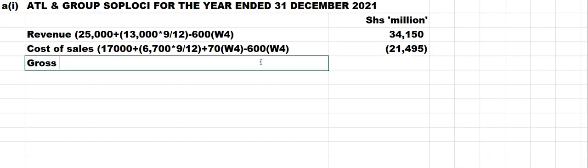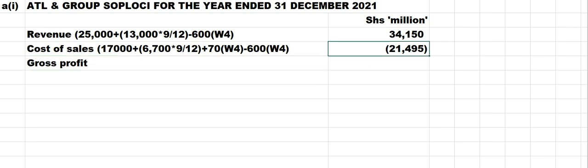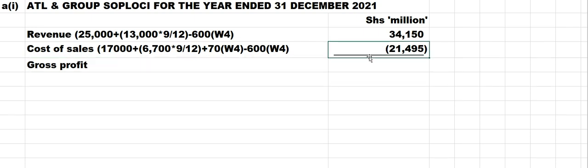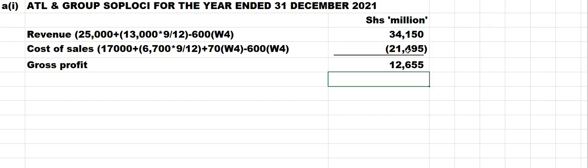So we can get our gross profit, and our gross profit is how much? Our gross profit is 12,655.